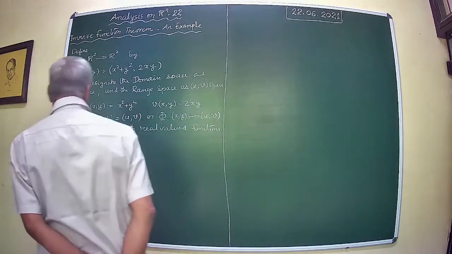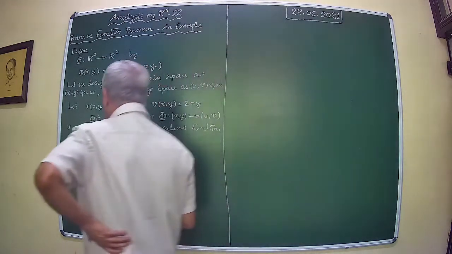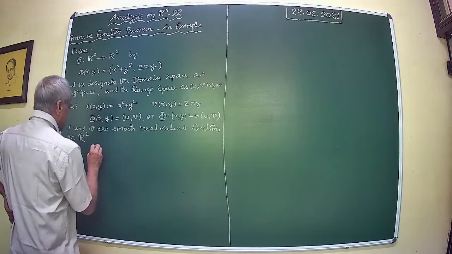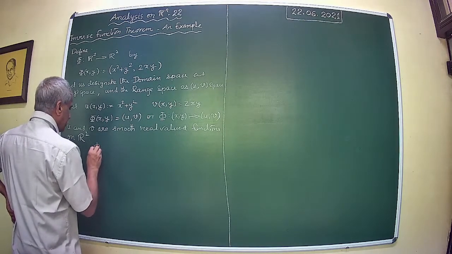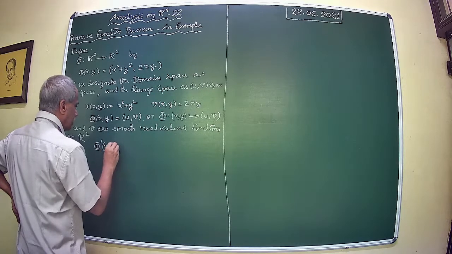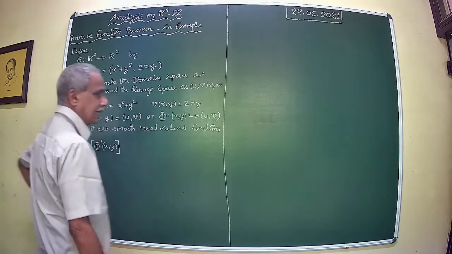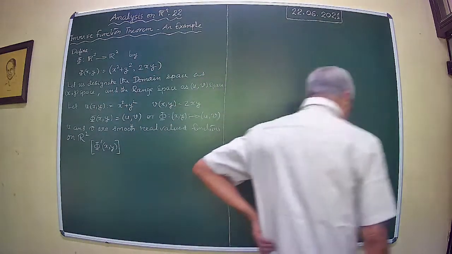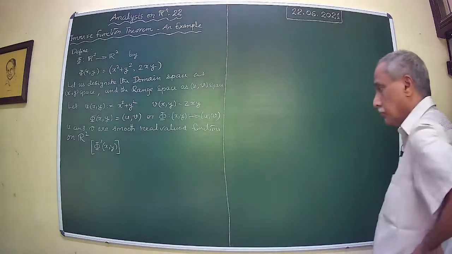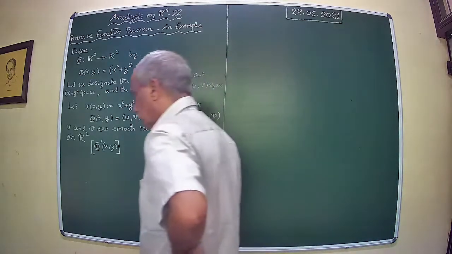Now let us look at the derivative. Now you see that the phi derivative at xy is a linear transformation from R2 to R2. Okay.